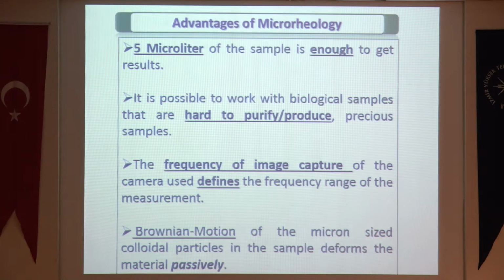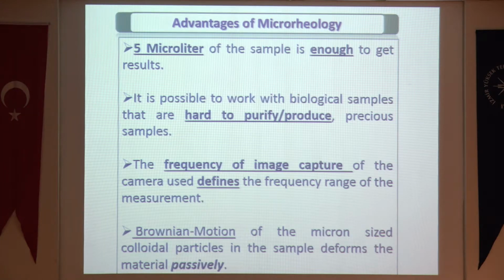Most cameras right now can take 30 frames per second, so that will be your minimum frequency in this case. If you go to a faster camera, like 1,000 frames per second, that will be your frequency of the measurement.